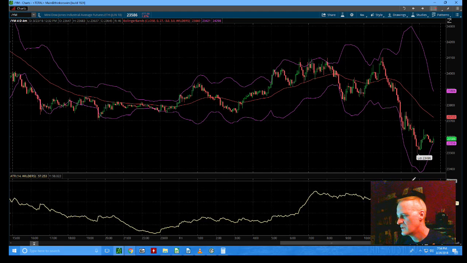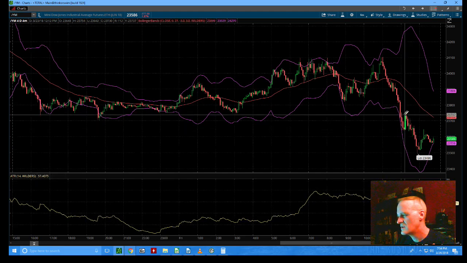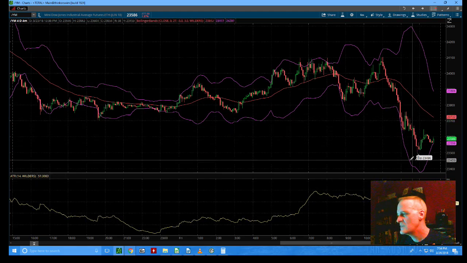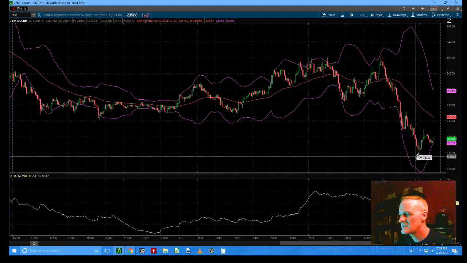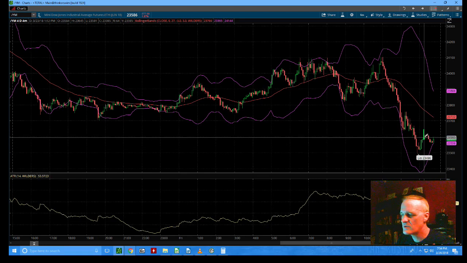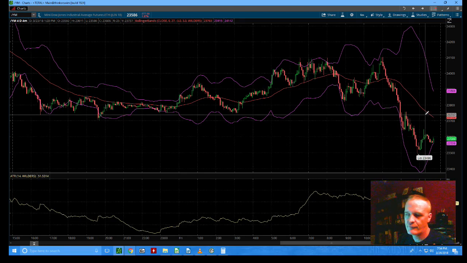So here, strong increase in ATR, price was continuing to go down, and then as ATR started to decrease, that's when you started to see a reversal, an increase in price. So how can you use this practically?